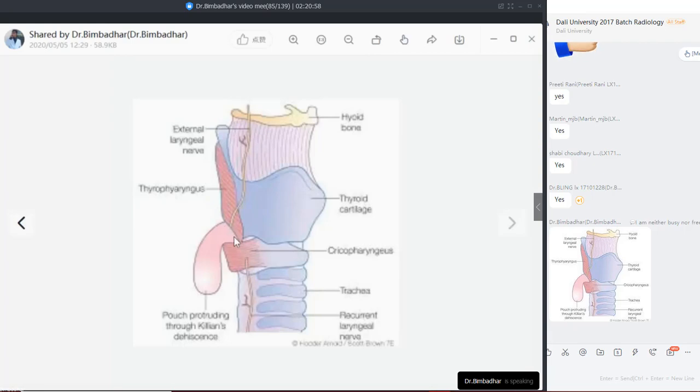And we came to understand that Killian's dehiscence is present in between them. The nerve supplying them is the external laryngeal nerve, and the recurrent laryngeal nerve also supplies the cricopharyngeus, right?